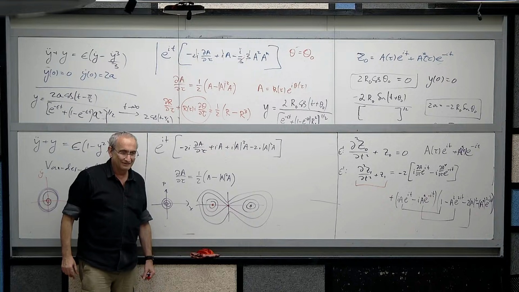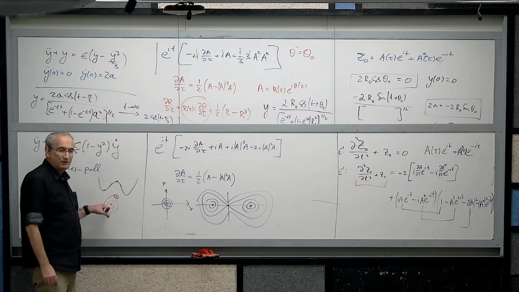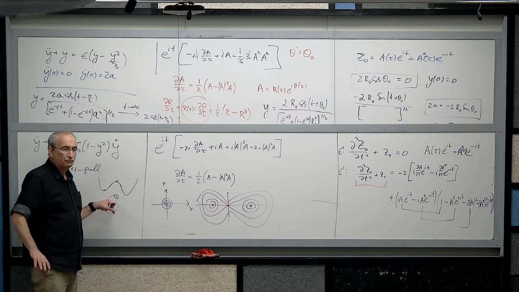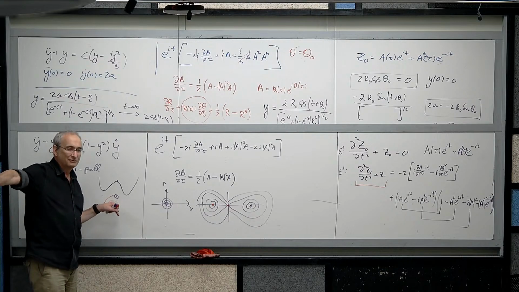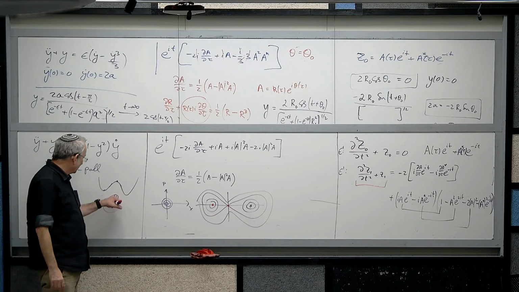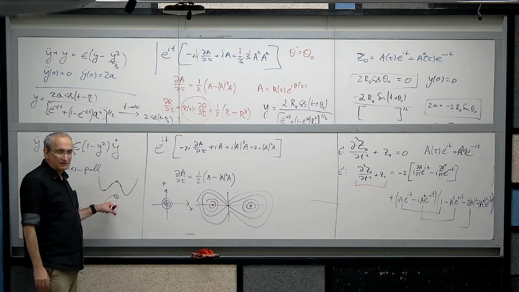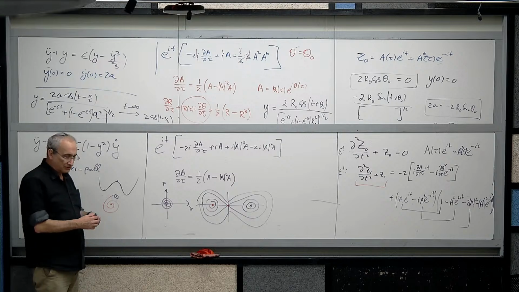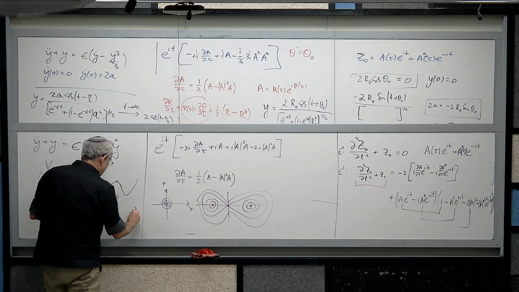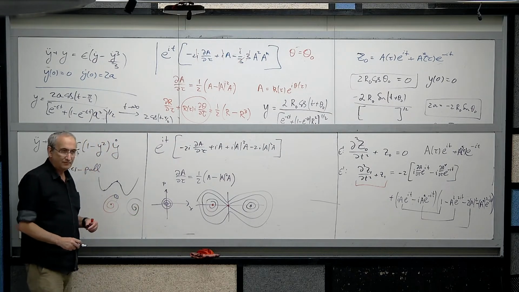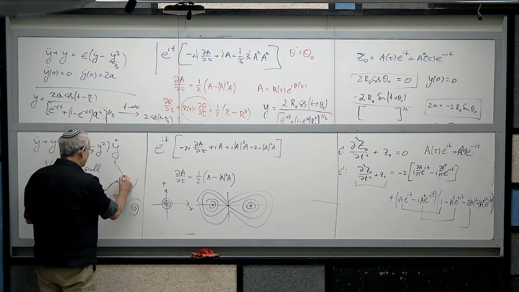So this is what happens when you throw out some of the degrees of freedom you are not interested in: you may imagine you get something like that. So this is an attractive fixed point. Of course, you may have a repulsive fixed point. Attractive and repulsive may also be like that.